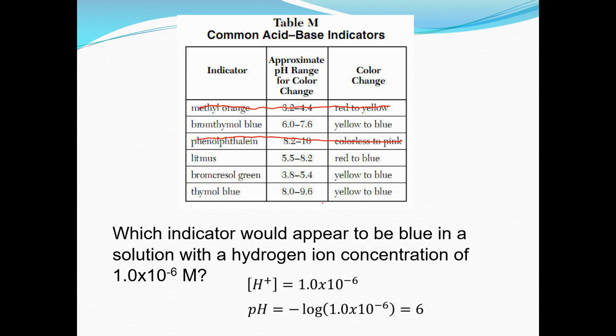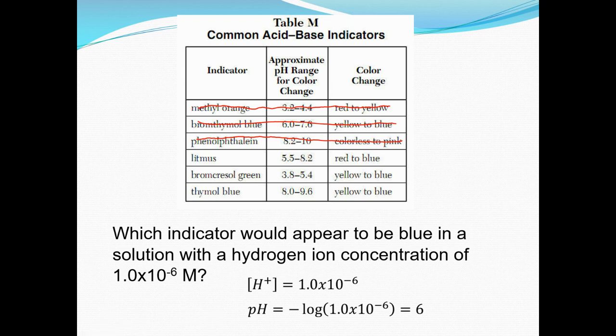So now we need to figure out which one of these is going to be blue at a pH of 6. When you're looking at the pH range, the lower end pH and below is going to be the first color, and the higher end pH and above is going to be the second color. So bromothymol blue at a pH of 6 is going to be yellow, so that one can also be gotten rid of.